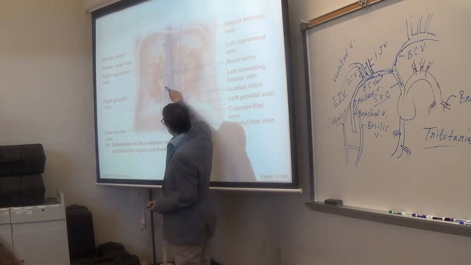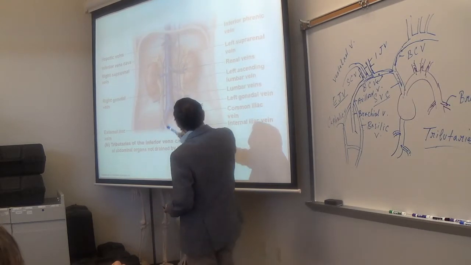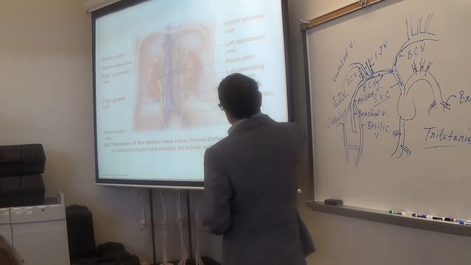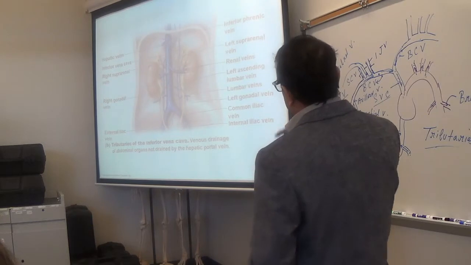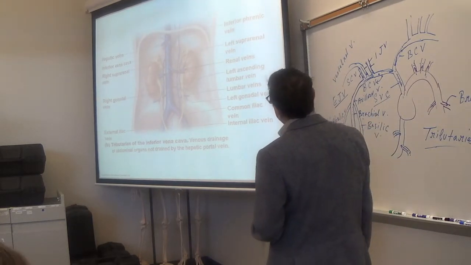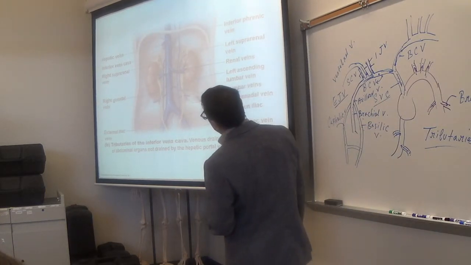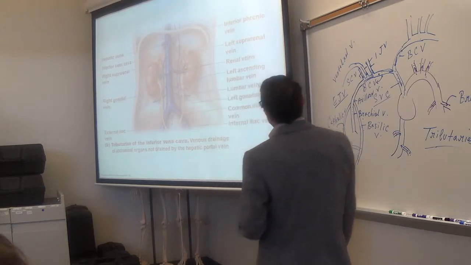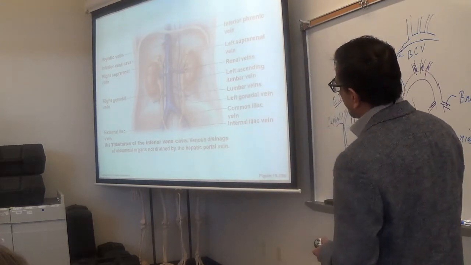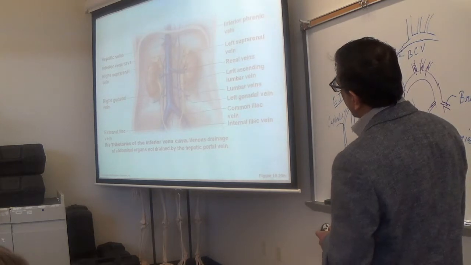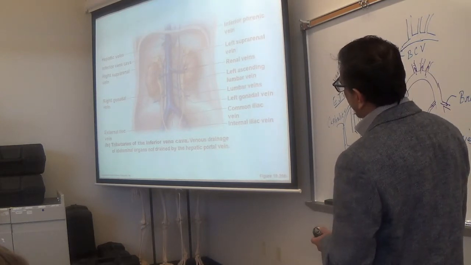Then there is the gonadal. That's good. And mesenteric veins. You also have those shown here. Okay. So just remember, those are some veins in the abdominal cavity.